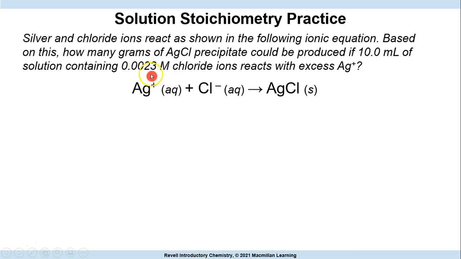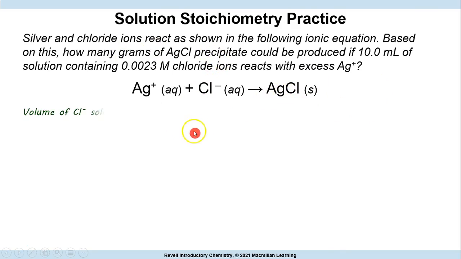After calculating the number of moles of the chloride ions, we will use this balanced equation to calculate the number of moles of silver chloride. And then, from the number of moles of silver chloride, we will use the molar mass to calculate the grams.